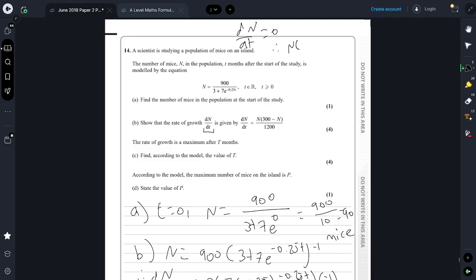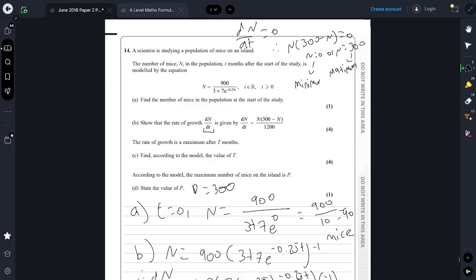So that means n times (300 minus n) has to be 0 because we found that in part B. So n has to be 0 or n has to be 300. But 0 is the minimum, clearly, because 0 is going to be the least value. So 300 has to be a maximum, right? So n for p is 300 here.